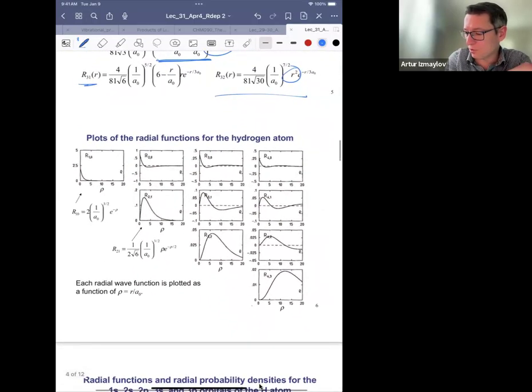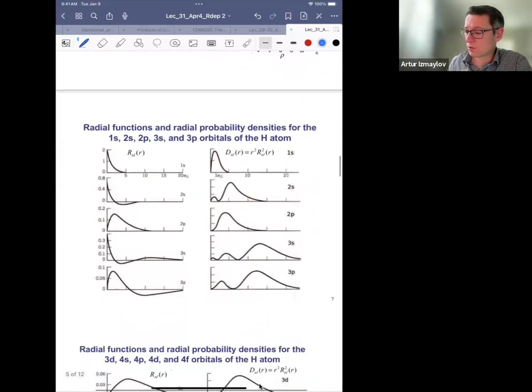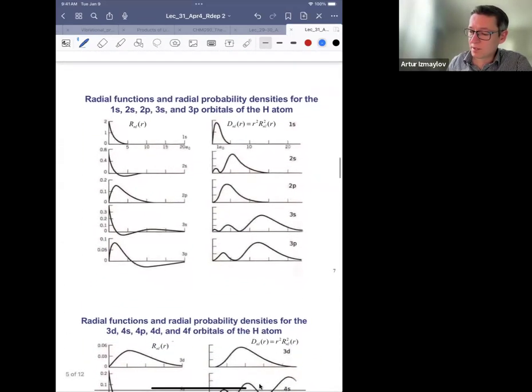And these are some pictures you could take a look at. Plots for the radial part only, when we change the principal quantum number and angular quantum number. And the same plots can be done for D, contrasting them with R squared, right? Again, you could see that the behavior close to the origin for the D function always starts with 0 because this r squared zeros it.